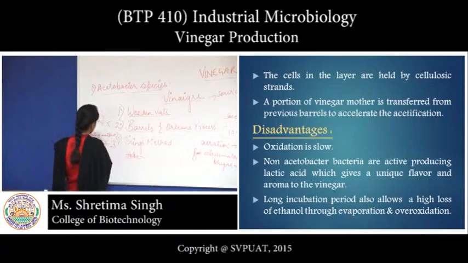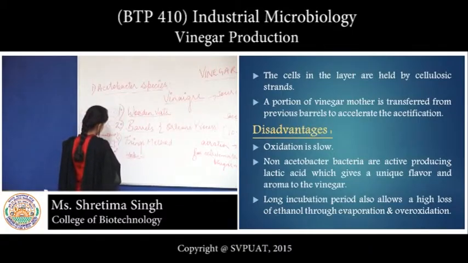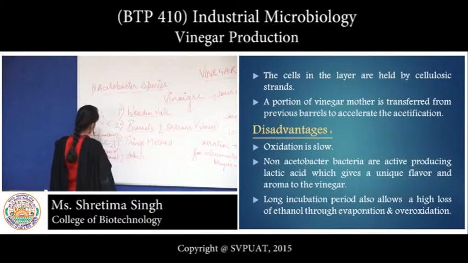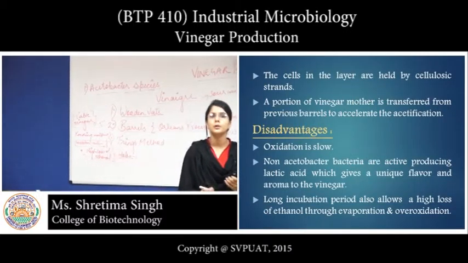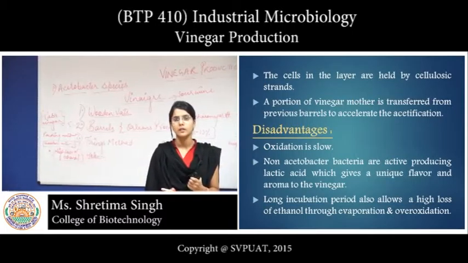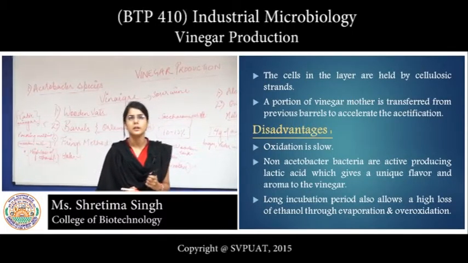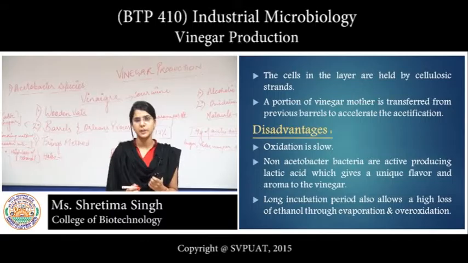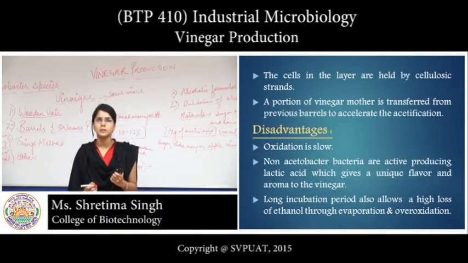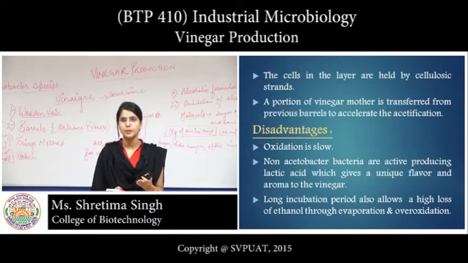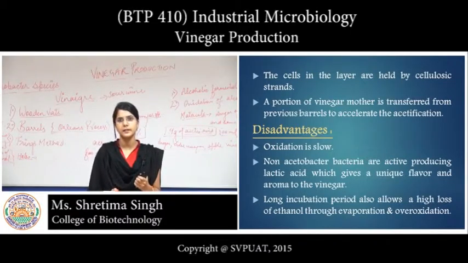So a high loss of ethanol was observed in this fermentation. The second disadvantage was the high loss of alcohol due to evaporation and over-oxidation, because when these barrels were kept for a longer duration of incubation, all the alcohol used to get lost due to evaporation and over-oxidation by acetic acid bacteria.